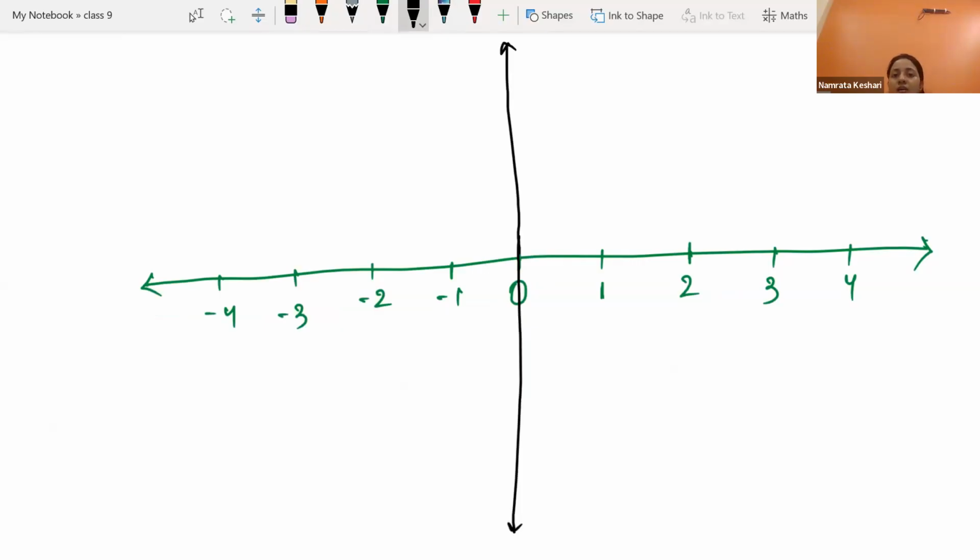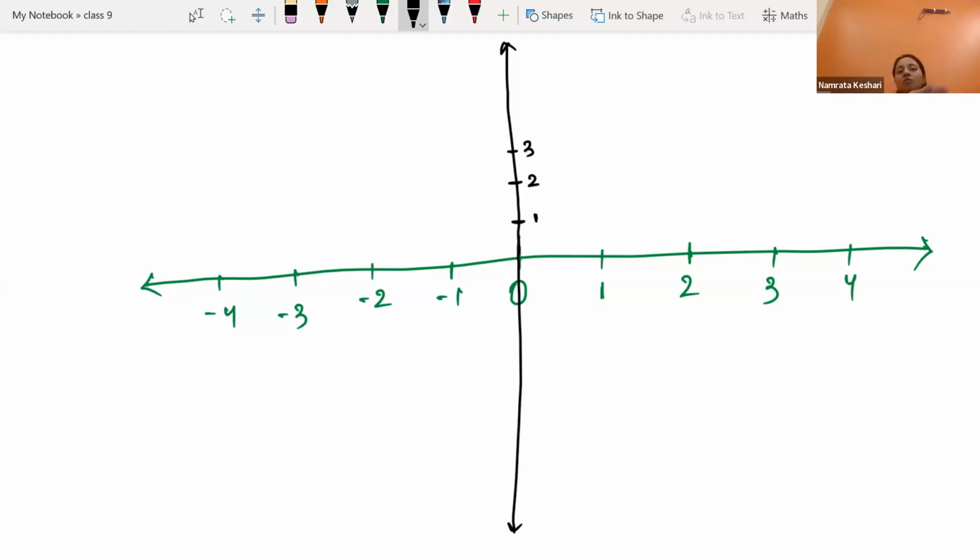And while placing it this way, be careful. Positive numbers are above zero. When you are placing it horizontally, always your positive number will be on the right and negative number will be on the left.